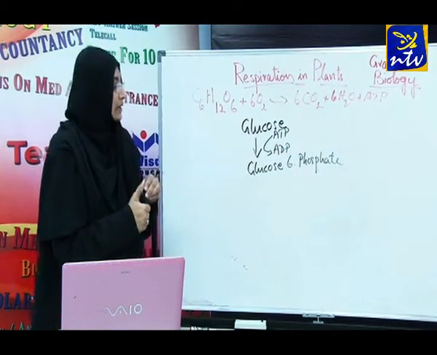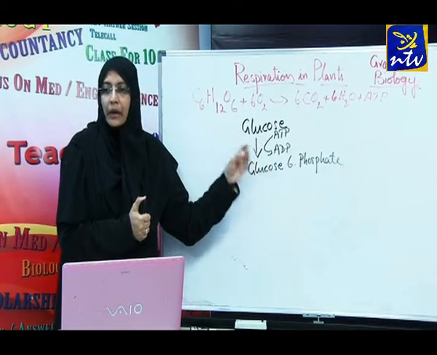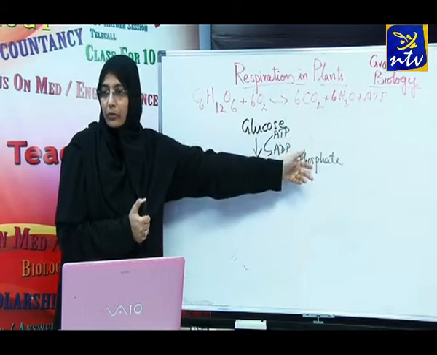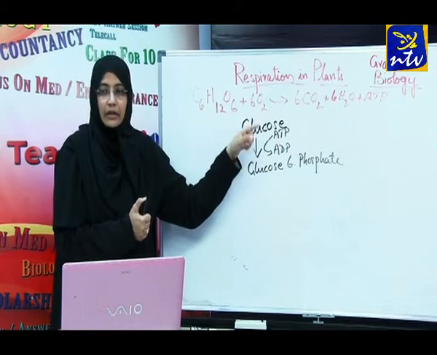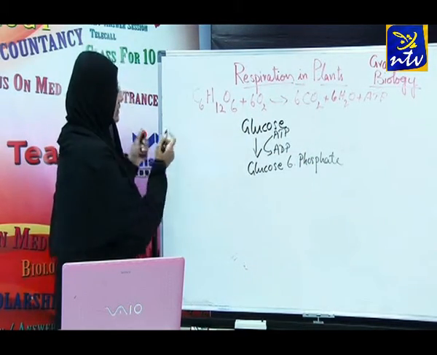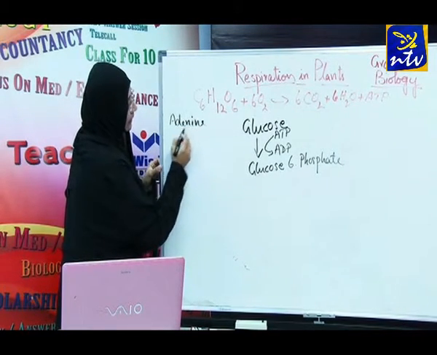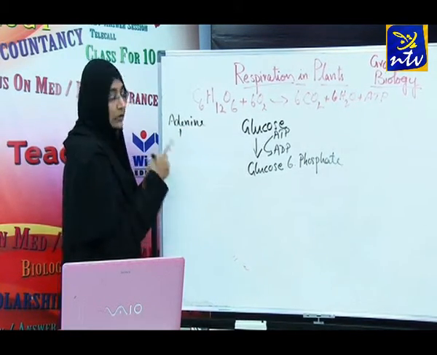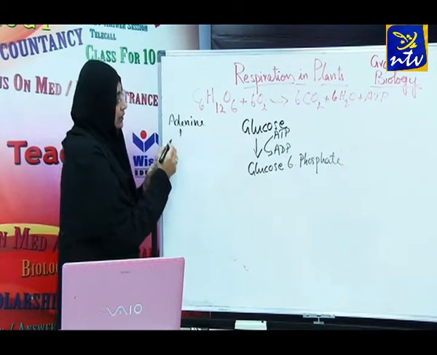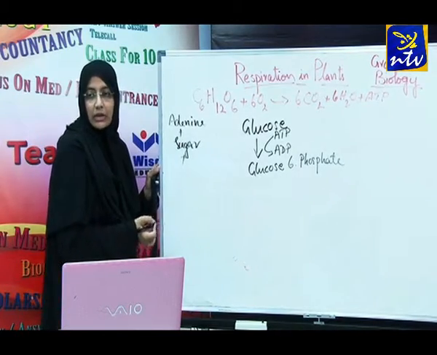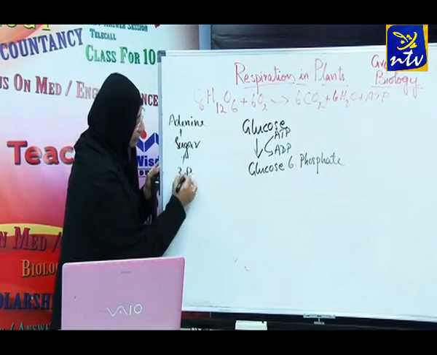Hope you know what ATP and ADP molecules are. ATP molecules are adenosine triphosphate molecules. Adenosine triphosphate, that is, we can see one adenine molecule, then adenosine. When we say adenosine, it is a sugar molecule, and triphosphate, 3 phosphate groups.